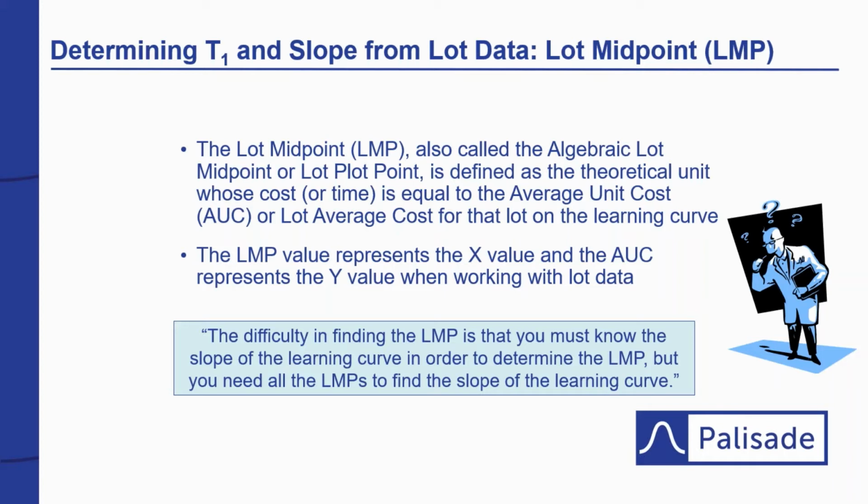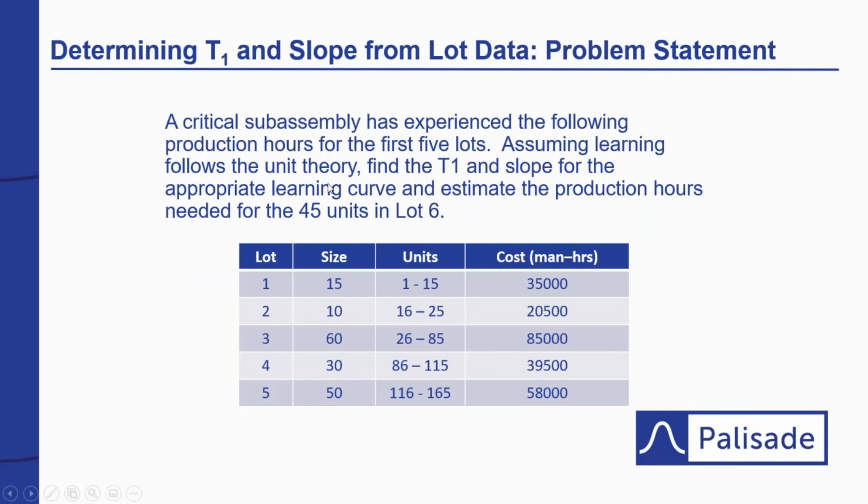That LMP, the lot midpoint value, represents the X value, and the average unit cost represents the Y value when working with lot data. So what that's telling us is, yes, you can calculate 35,000 divided by 15. That gives you a Y, but what's the X that goes with that Y? Because without the paired X, you can't perform regression on this. That X is referred to as the lot midpoint. So we need to be able to calculate that.